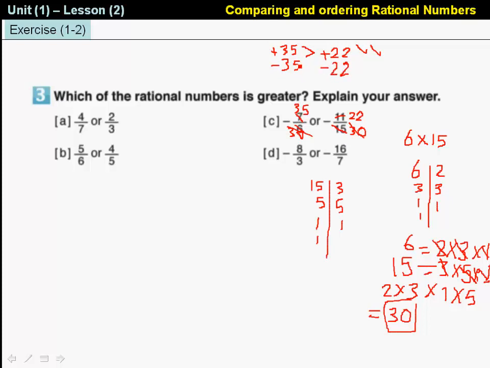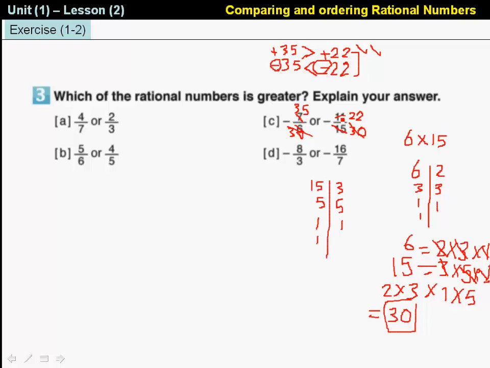In this case, this will be less than. Minus 35 is less than minus 22. But plus 35 is greater than plus 22. Be careful, please, with the minus sign.